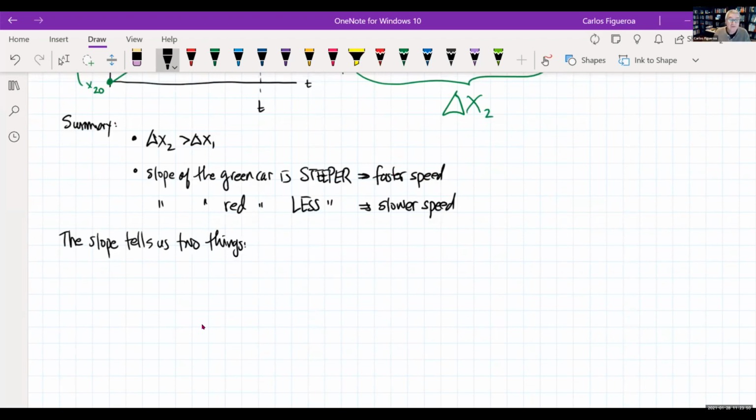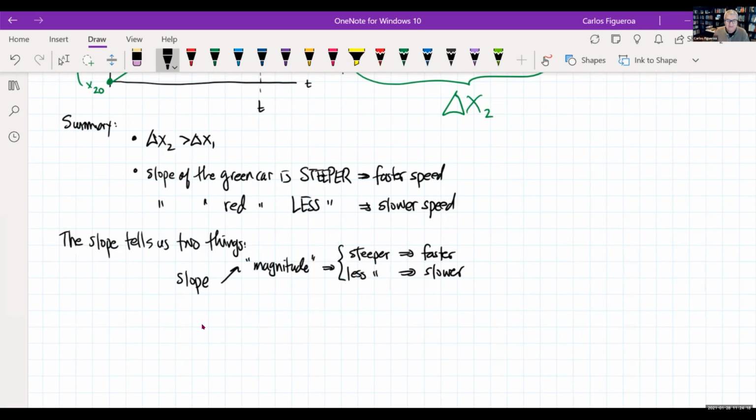If I look at the slope, there's a magnitude to the slope, and that's what we just looked at here, right? This tells us that if it's steeper, you're moving faster. If it's less steep, you're moving slower.